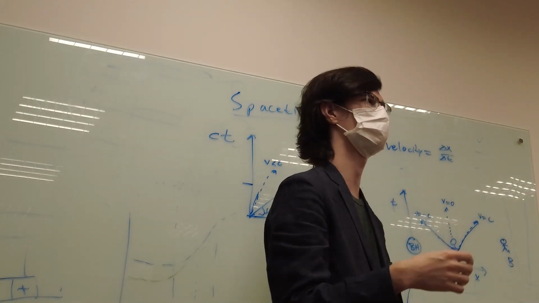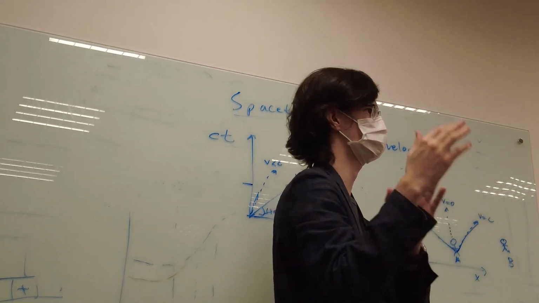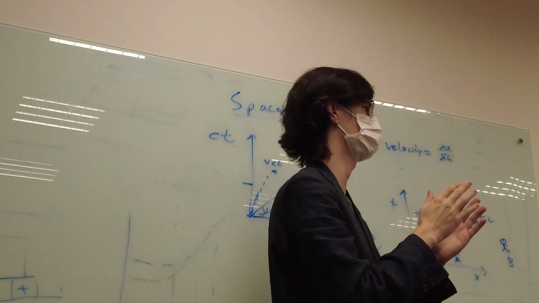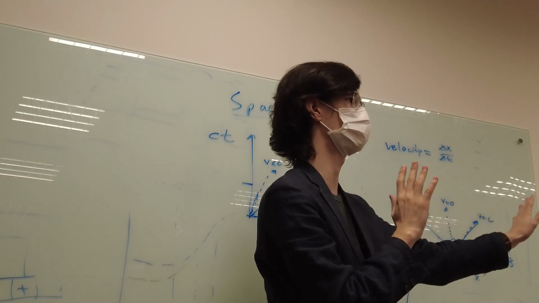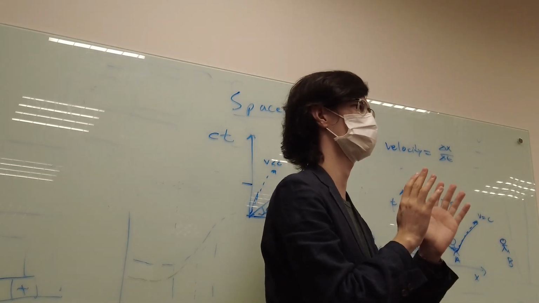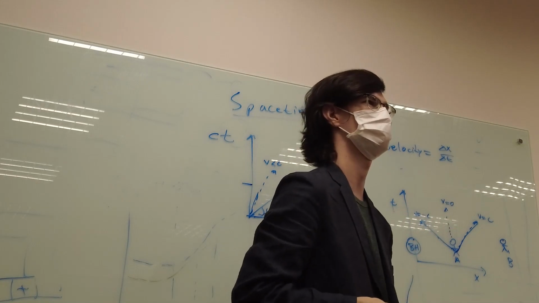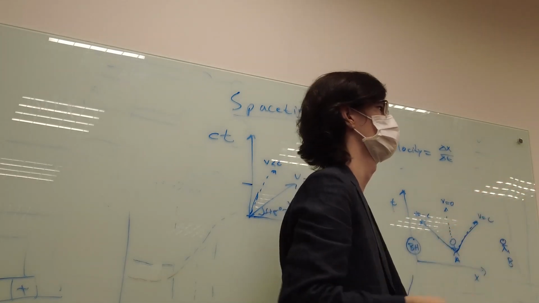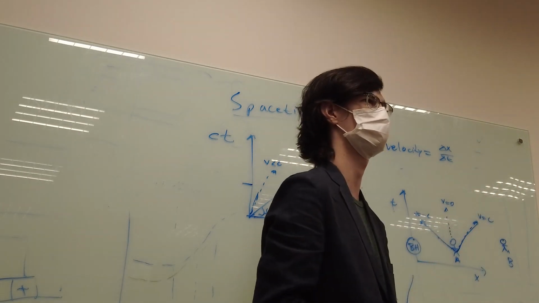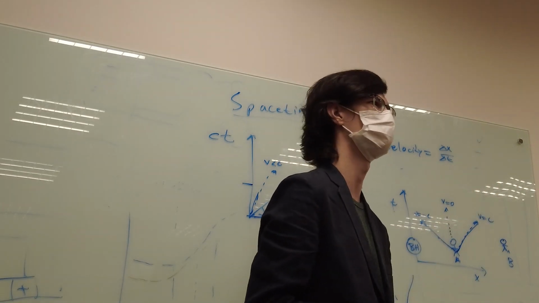And that's how you can sort of explain why one side might be brighter than the other. If you look at an object from one side and it's moving away from you, more rays are going away from you than towards you, and so it looks dimmer. Whereas if an object is moving towards you, more of its rays are sort of directed into your line of sight, and then it appears brighter.